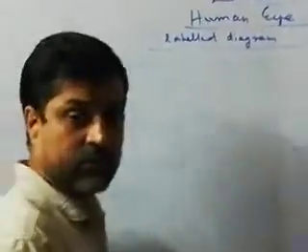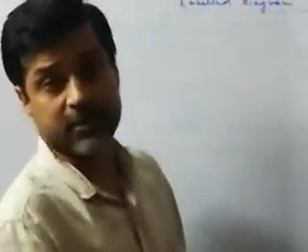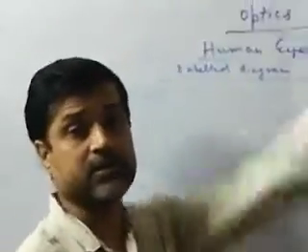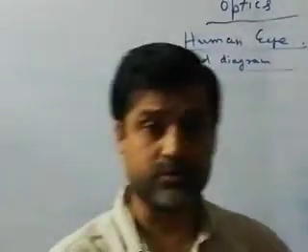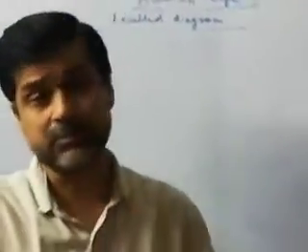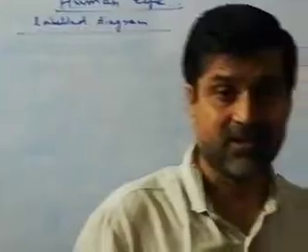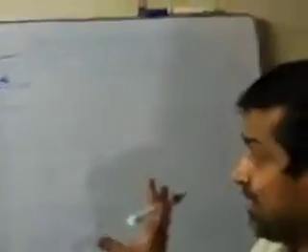This labelled diagram also comes directly in your exam. Sometimes it is asked that you should draw a labelled diagram of the human eye. So how to draw a diagram nicely is also one part we should understand.